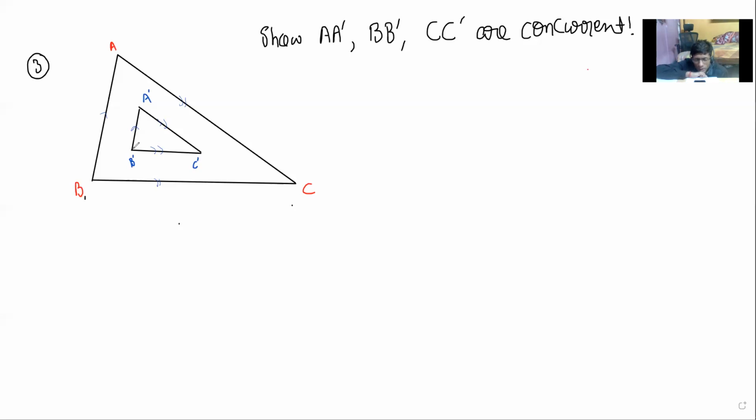How do you ever prove that 3 lines pass through the same point? It's a very strange thing to prove if you think about it.